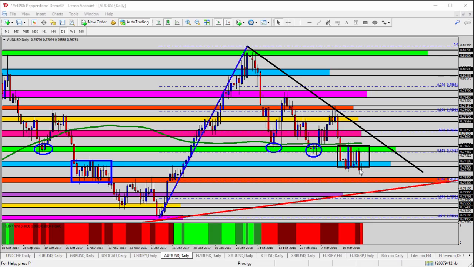We go back to the left-hand side of the chart, the blue box that you see back here, between the orange and the blue shaded area. We know that historically, if the market can get under and stay underneath the blue zone, that's 76.90, 77.10, the blue shaded area, there's a good possibility we see it down here to the orange zone, which is down to 76.50, 76.30. That's what it did back here. Look at how long it was stuck inside that blue box between the blue and the orange shaded area.